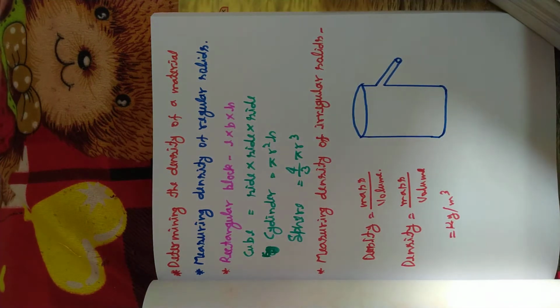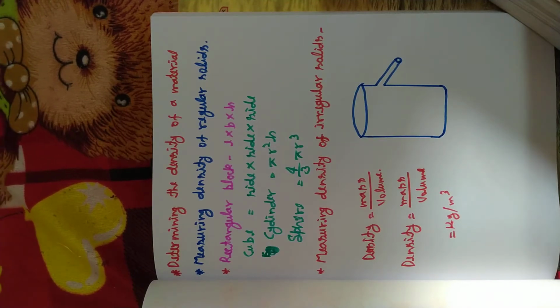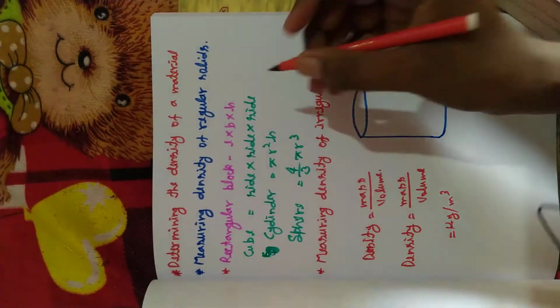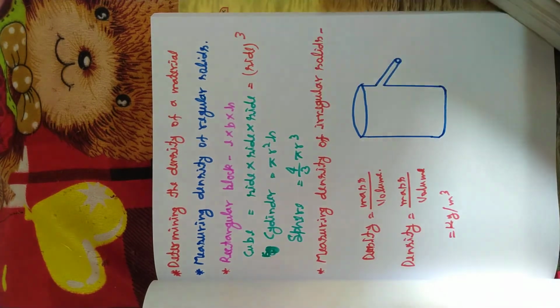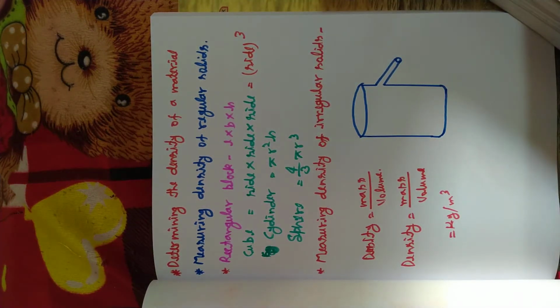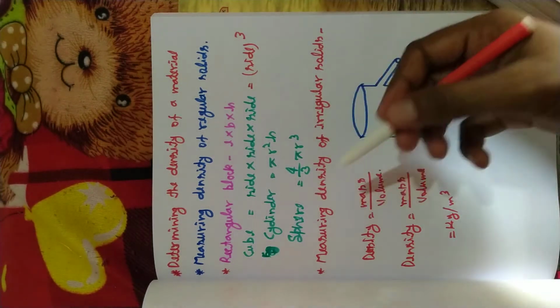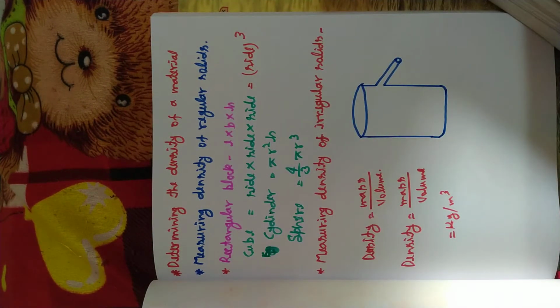For a cube the formula is side cube. For a cylinder, pi r square H, where r is the radius and h is the height of the cylinder. For a sphere we use 4/3 pi r cube.